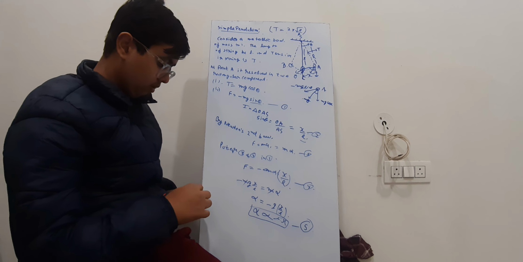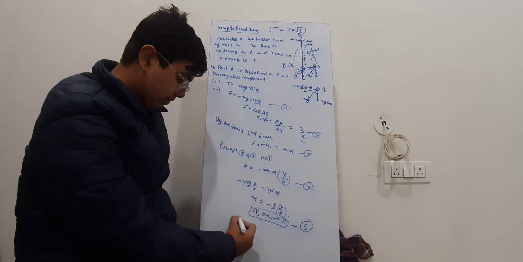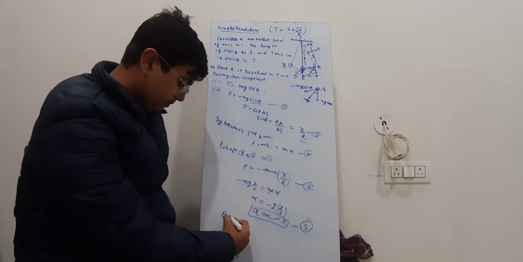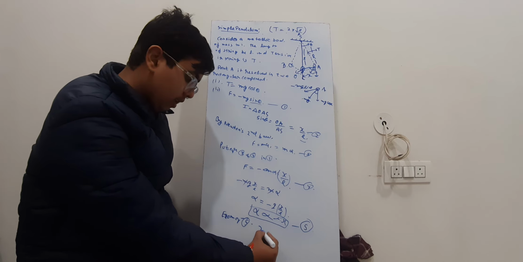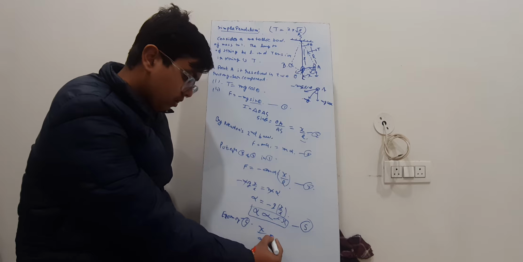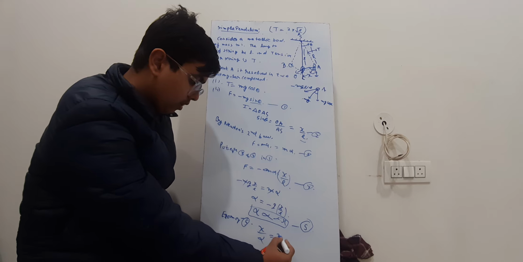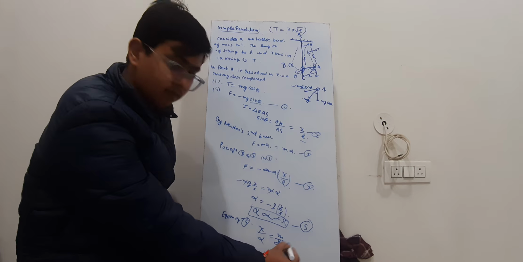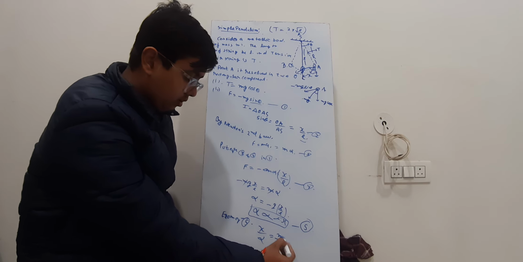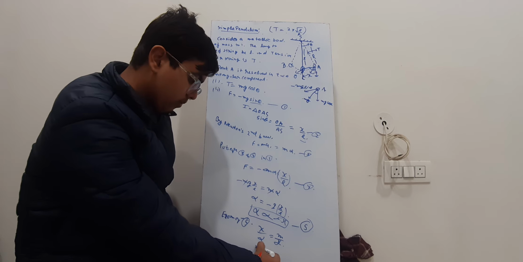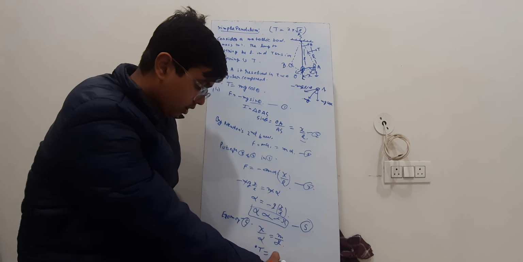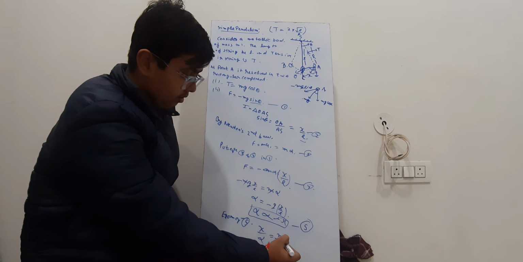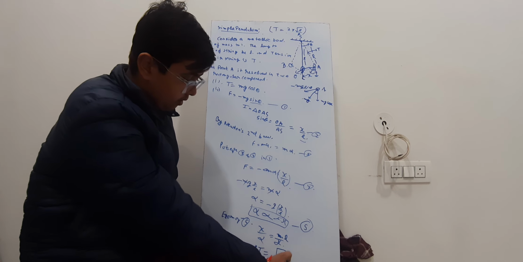Now at last, from equation 5, x upon alpha is equal to L upon g. So if we take the square root for the time period T, this is under root L by g.